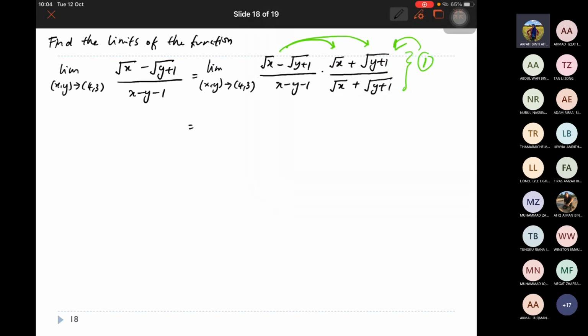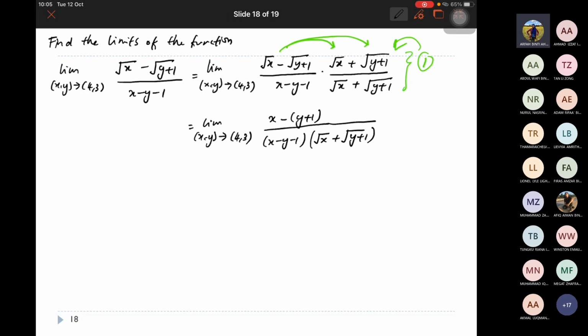Okay. So it is actually equal to the limit of xy approaches 4, 3 x minus y plus 1, divide by x minus y minus 1, multiply with square root x plus square root y plus 1.